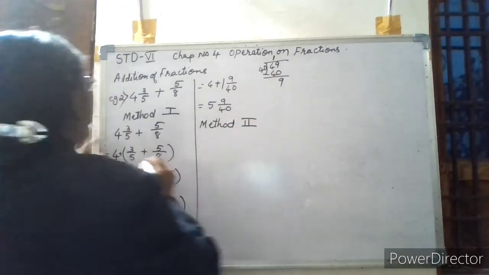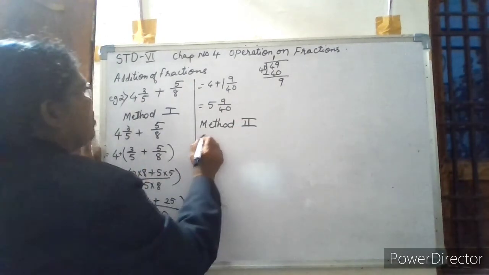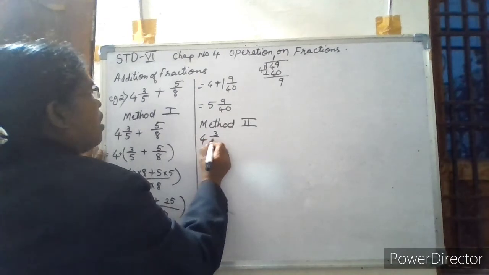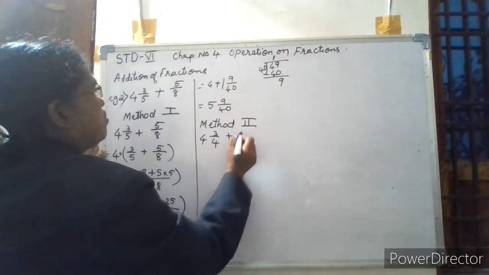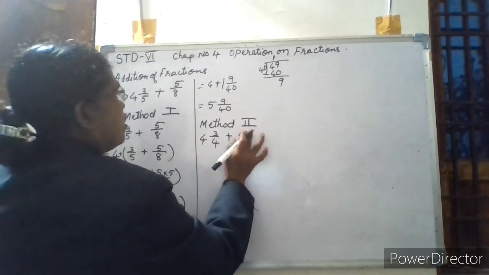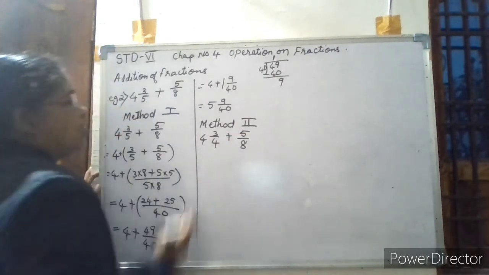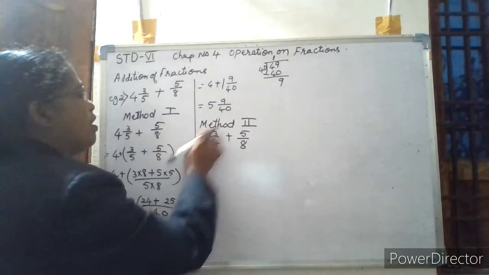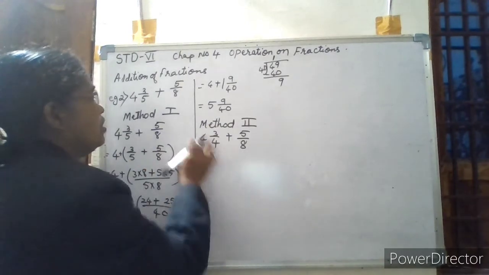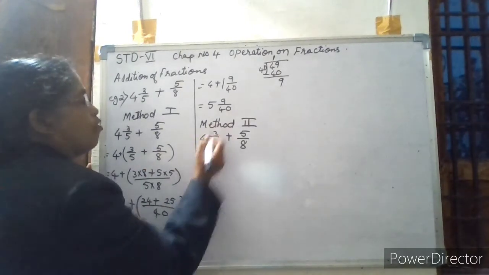Write the question: 4 3/5 plus 5/8. Sorry, the denominator is 5, I have taken the question wrong. Now there is only one mixed fraction, so convert this into an improper fraction for method 2.